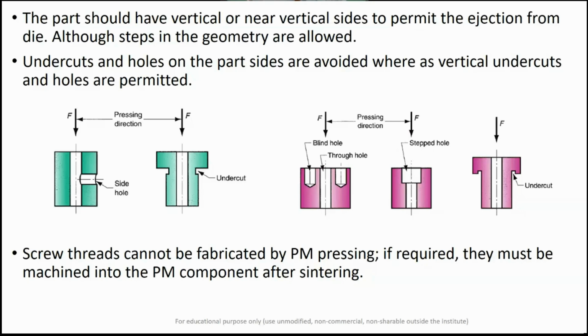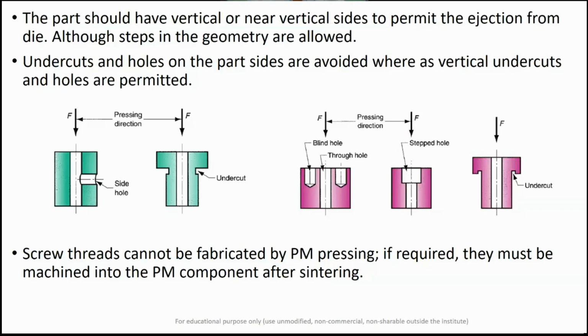Then the third point you should keep in mind is that screw threads cannot be fabricated by powder metallurgy pressing. Threading features and their grooves will pose a problem during the ejection, so they are not to be fabricated at the pressing stage.